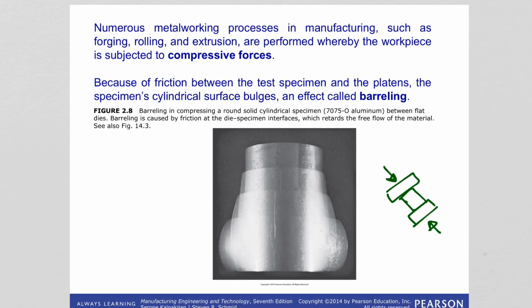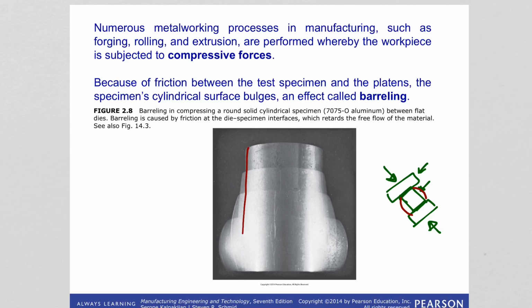Of course, there is friction between the specimen and the dies in this region. Due to this friction, the specimen cannot flow freely in these regions. That causes the specimen to bulge.